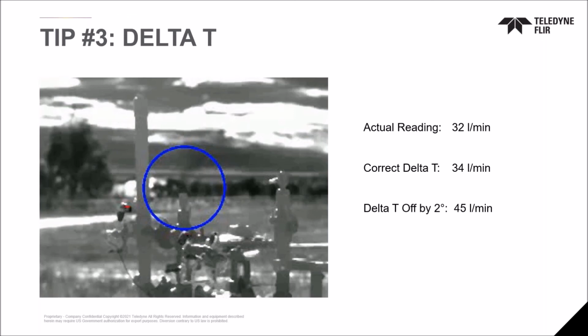As I changed the delta T by simply 2 degrees, it changed from 34 to 45 liters per minute, dramatically changing my input. So ensuring that you get the most accurate delta T is quite important when you're running this program.